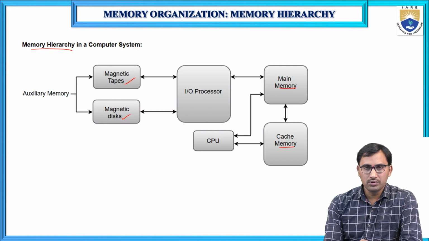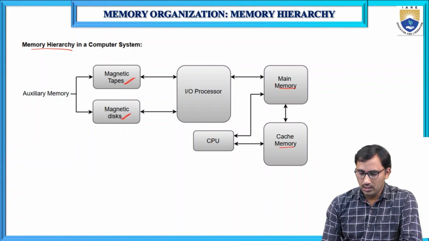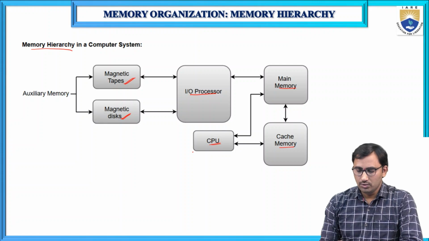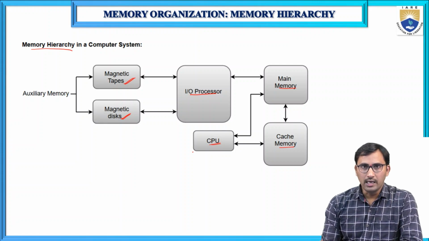The examples of auxiliary memories are magnetic tapes and magnetic disks, and we are connecting these auxiliary memories through the I/O processor, and finally we have the CPU. The main memory is directly connected to the CPU.